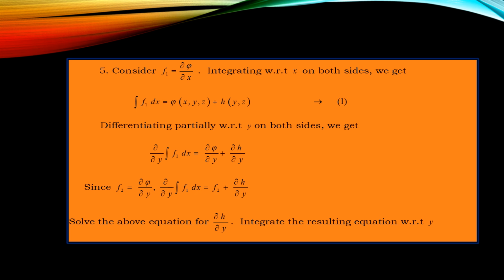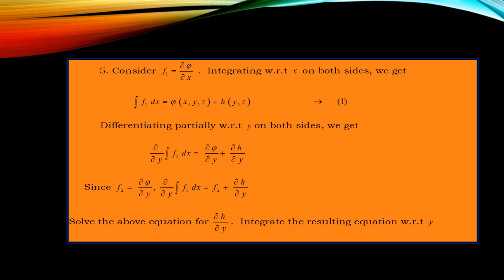Let us suppose that this equation is 1. If we find out h(y, z) in this equation 1, we are done. From this, we can find out our required scalar point function φ whose gradient is the given vector field f.